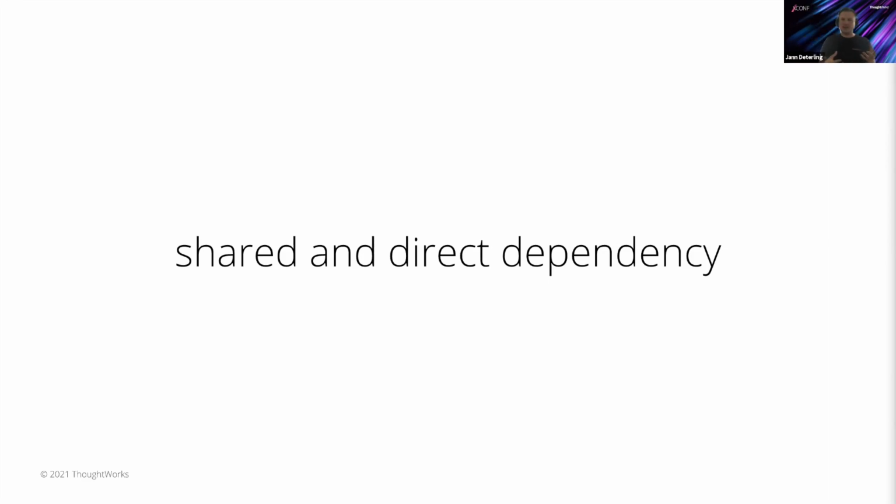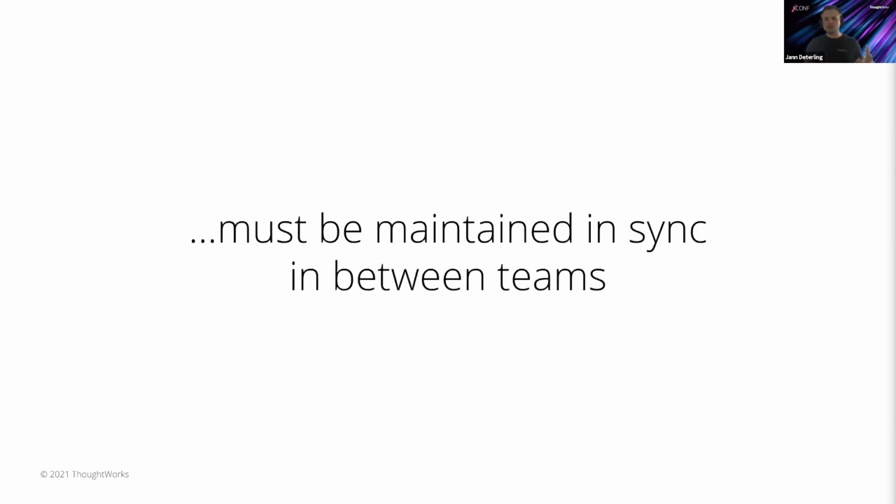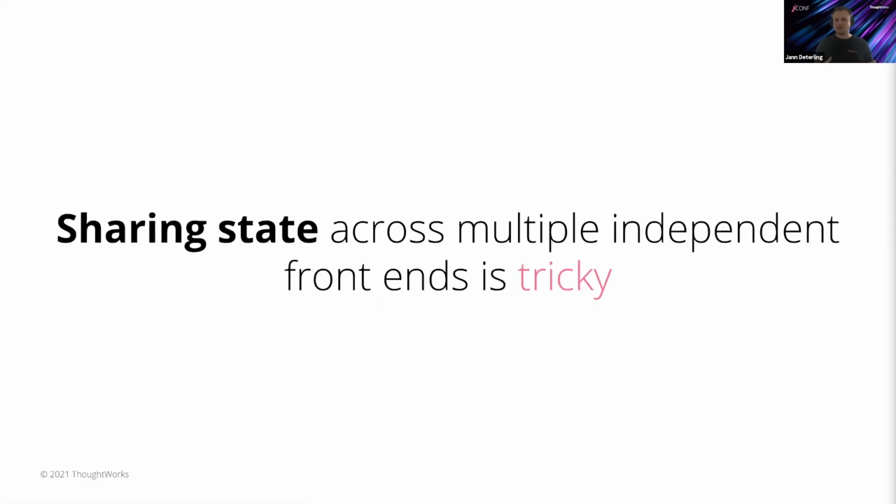That's exactly the opposite of what you really want, because somehow your state needs to be in sync between all the teams, and it makes it way harder for you to really manage that overall state that we want to share. So we can conclude sharing a state across these micro front ends in the way we proposed previously is pretty tricky, and we wanted to come up with a different solution, which is way easier for us.